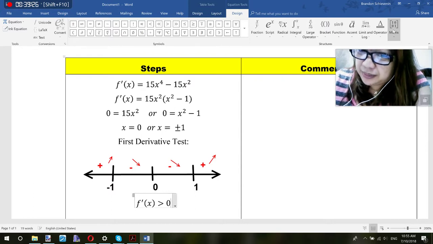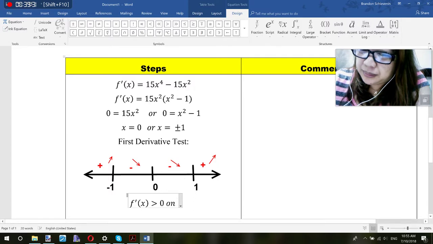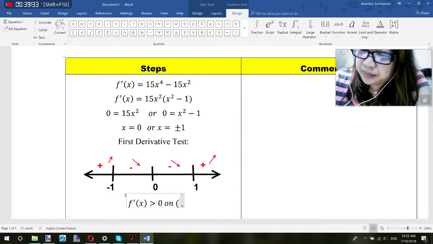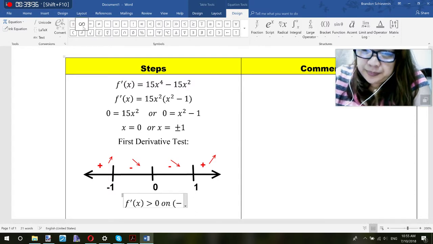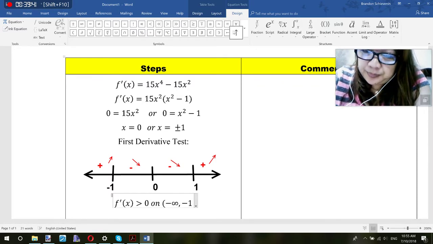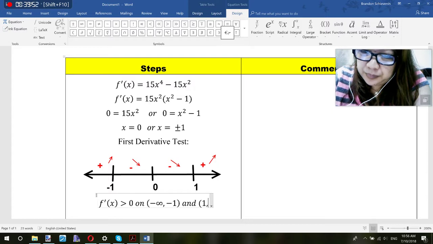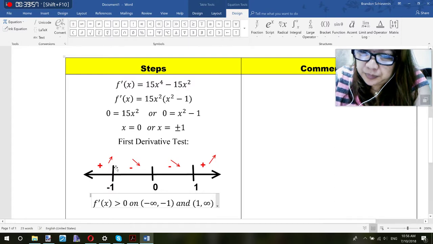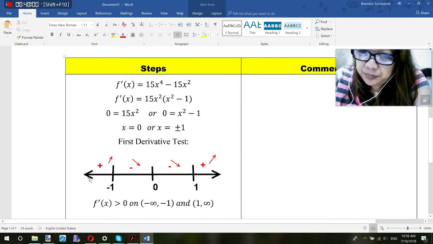Okay, so I could say our first derivative is greater than 0, which means we're increasing on the interval from negative infinity until negative 1, not including negative 1, and the interval from 1, not including 1, to positive infinity, which is exactly what you said. As long as I am below negative 1 and as long as I am above 1, but in interval notation.